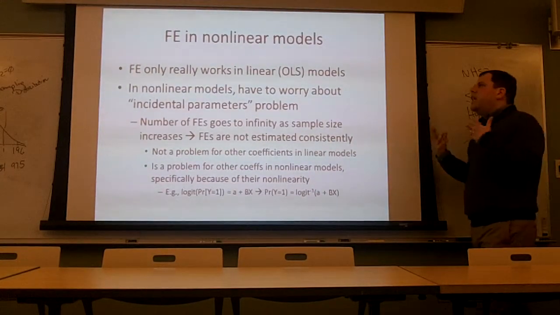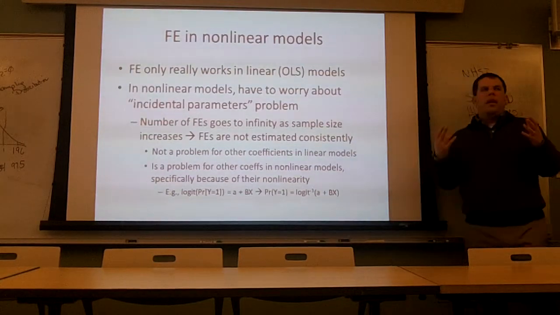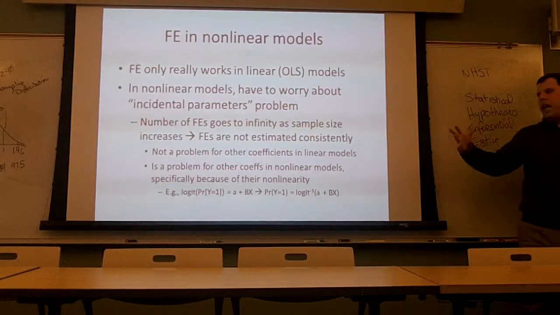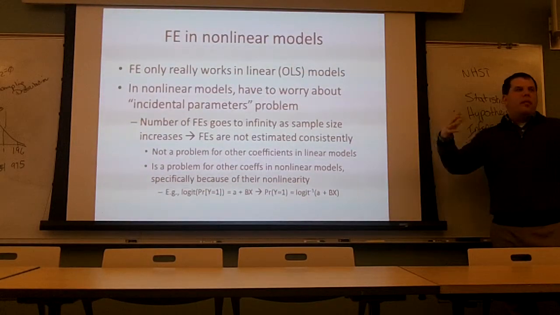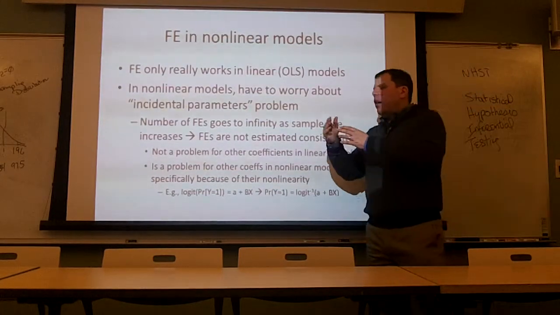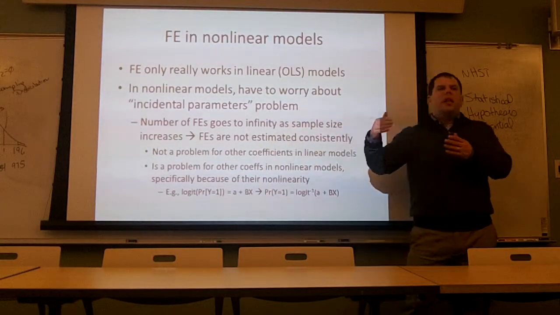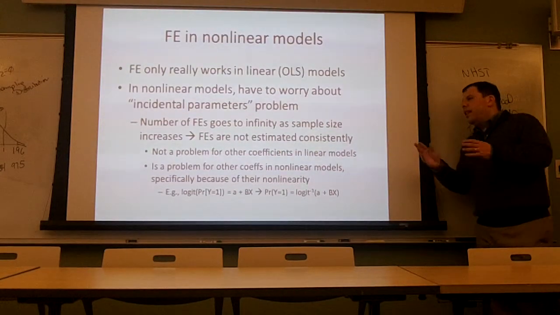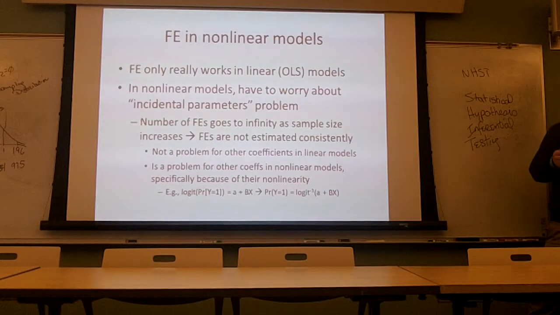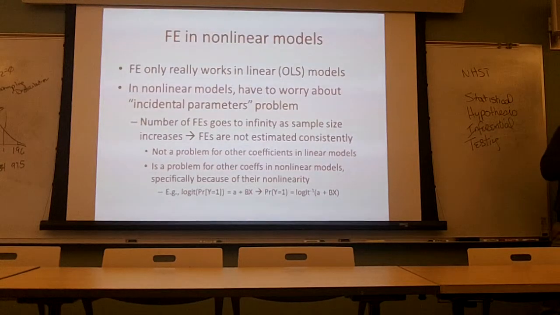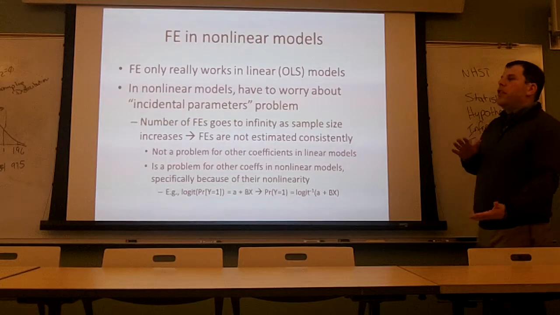If the underlying idea is that the data set is expanding on the hospital margin, so as the data set were to increase, it would be increasing by adding hospitals, then you're adding fixed effects as you're increasing the data set. So in the limit, you don't get enough observations per hospital, because you're always adding hospitals instead of adding years of data per hospital.